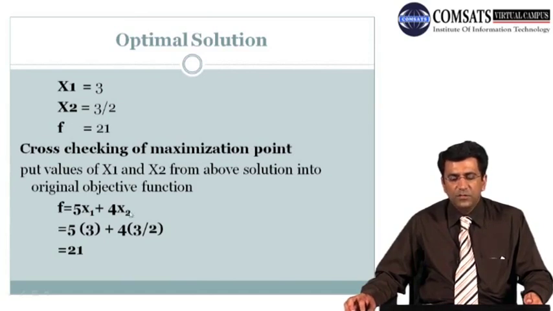Our objective function was f is equal to 5x1 plus 4x2. So if we put x1 is equal to 3 and x2 is equal to 3/2 in this objective function, we will get the value of the objective function equal to 21. So class, this is the maximum value for our objective function.